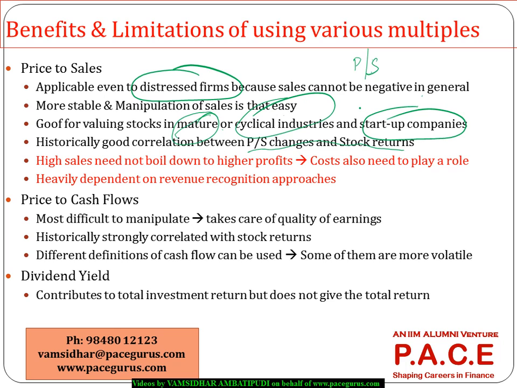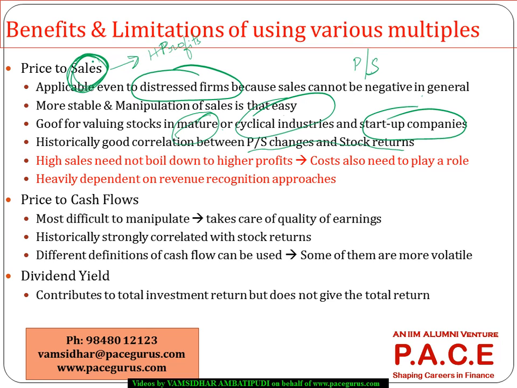But the biggest drawback of using this kind of ratio is that here I am tracking only the sales. As the sales increase, probably the price should increase. But in reality, high sales need not necessarily mean high profits. And what an investor requires is the company generating a profit and giving a dividend out of that profit.